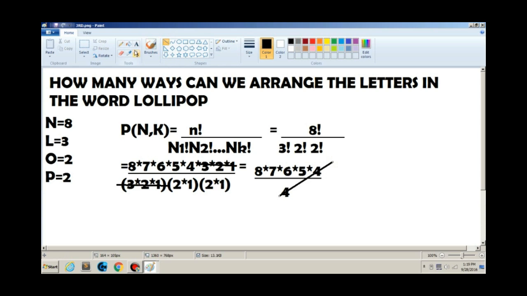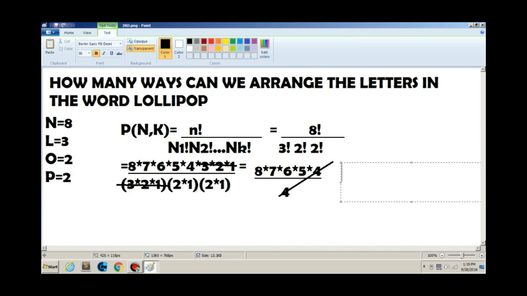So the remaining is 8 times 7 times 6 times 5, equals 1,680. So that is the answer. There are 1,680 ways to arrange the letters in the word lollipop.